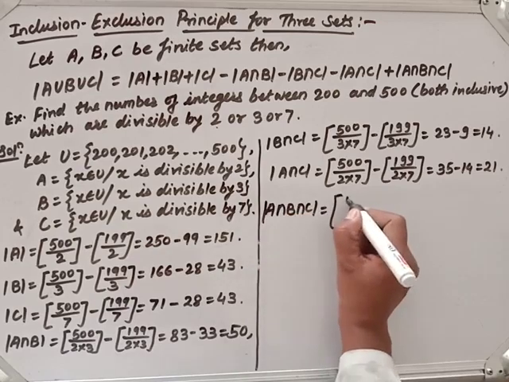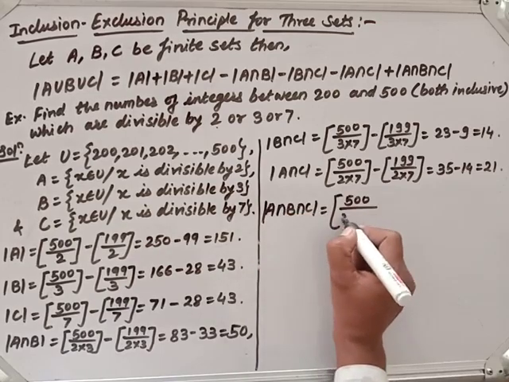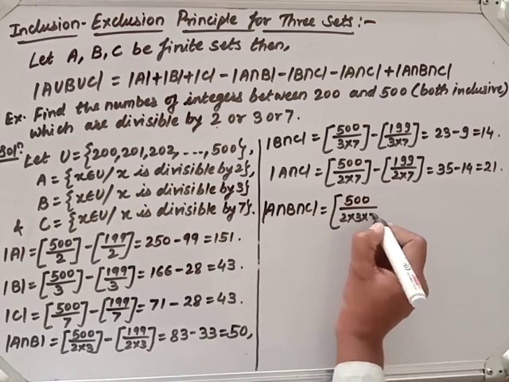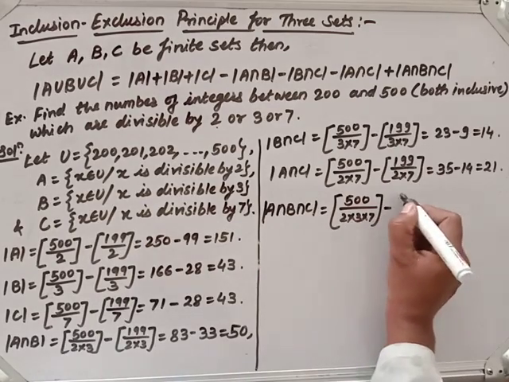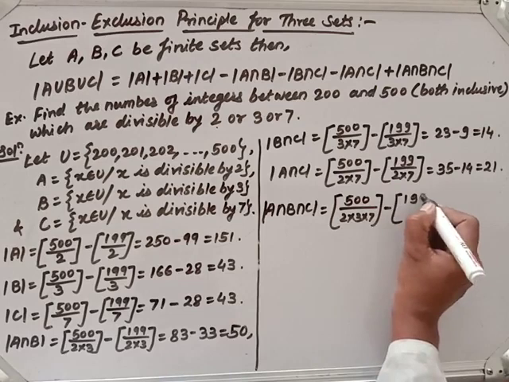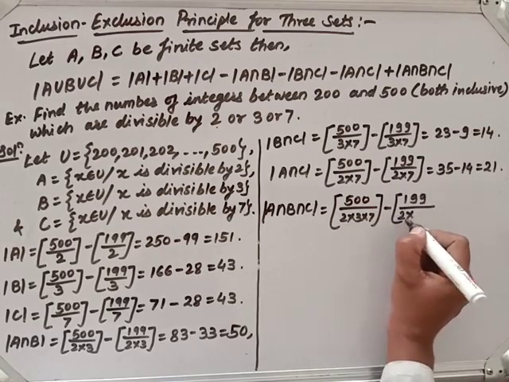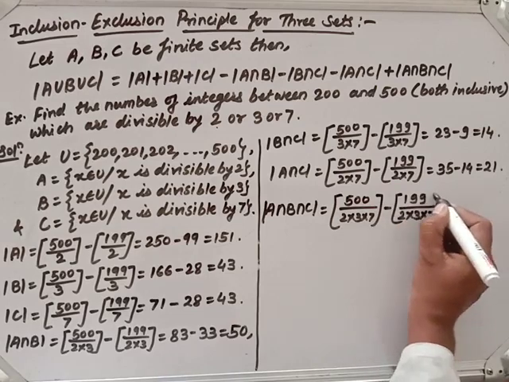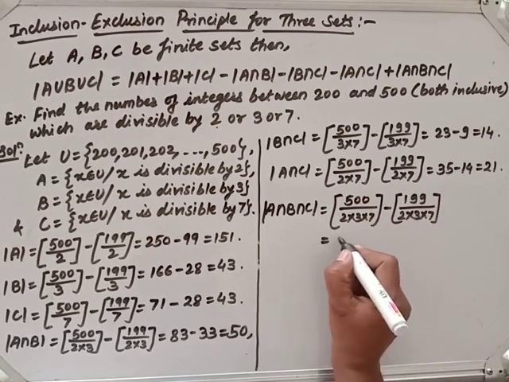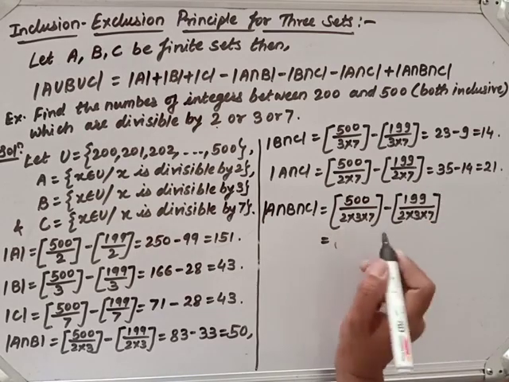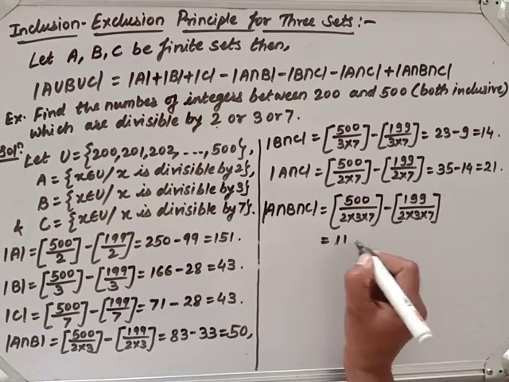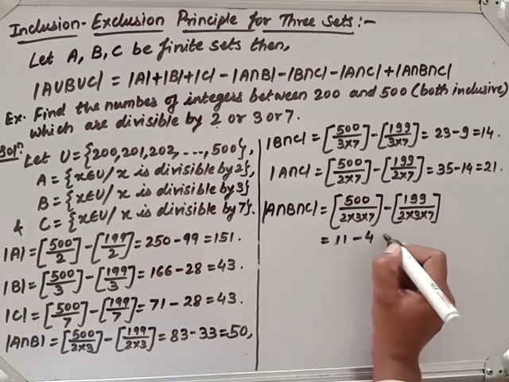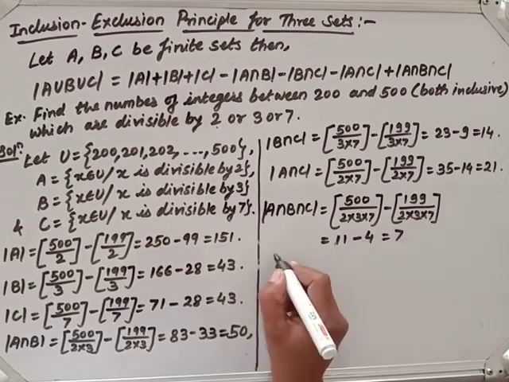So this is 500 upon 2 multiplied by 3 multiplied by 7 minus 199 upon 2 multiplied by 3 multiplied by 7. So this is 11 minus 4. So that is 7.